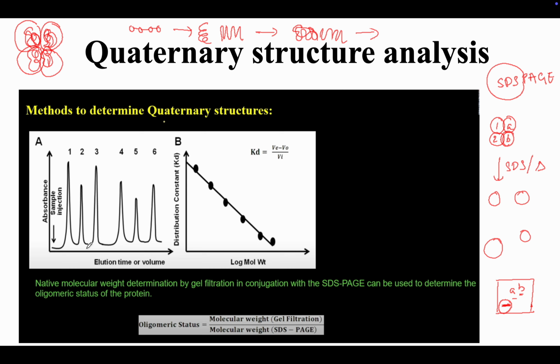And this graph here shows the elution time or elution volume. As I mentioned, after denaturing we can run this in column chromatography, and we can collect different eluates, and these different elutions will depend upon which type of chromatographic technique we are using.